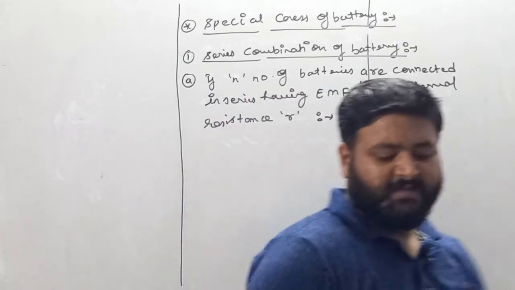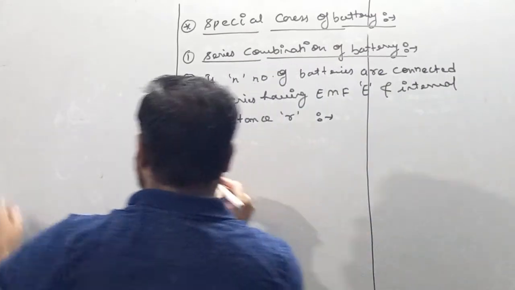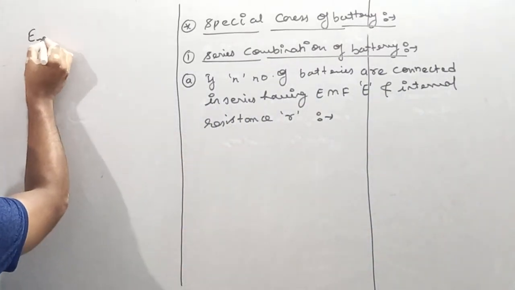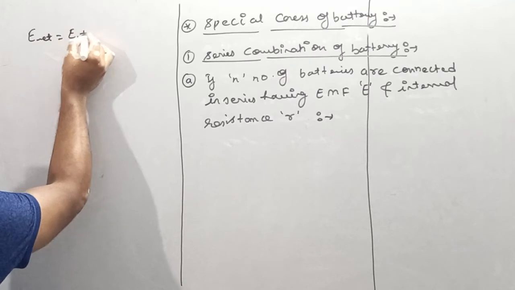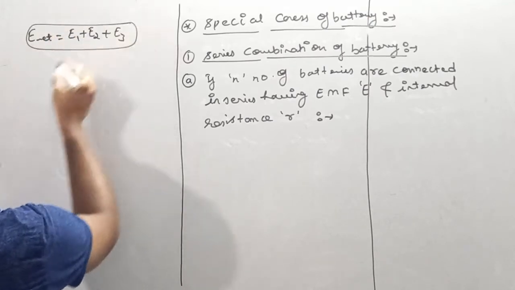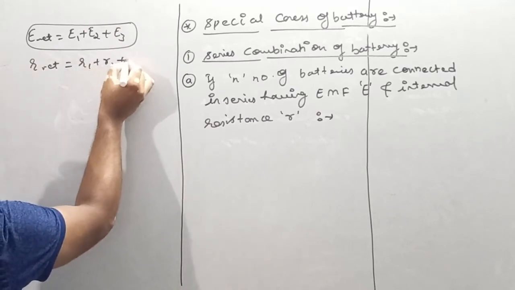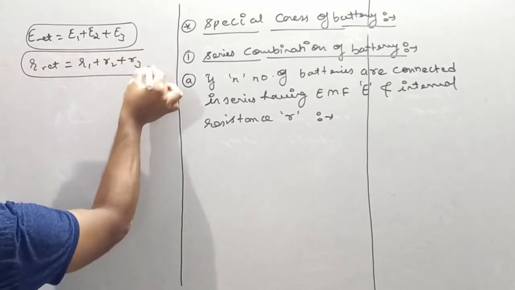We know that if the batteries are in series combination, then the value of E net equals E1 plus E2 plus E3 and so on, and R net is R1 plus R2 plus R3 and so on.